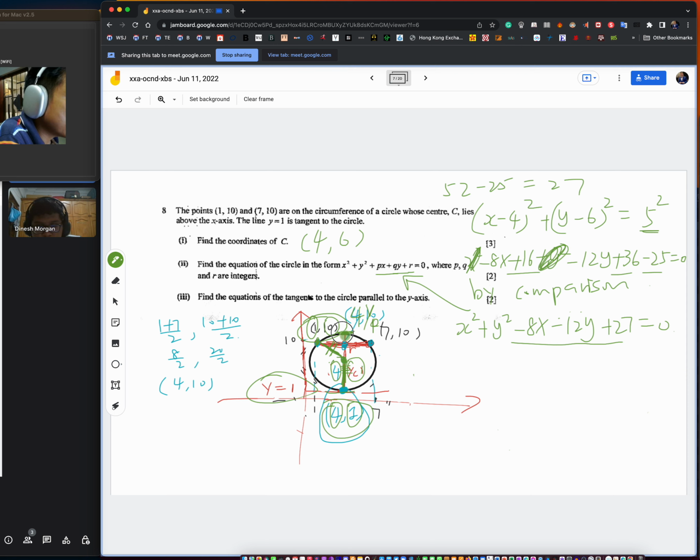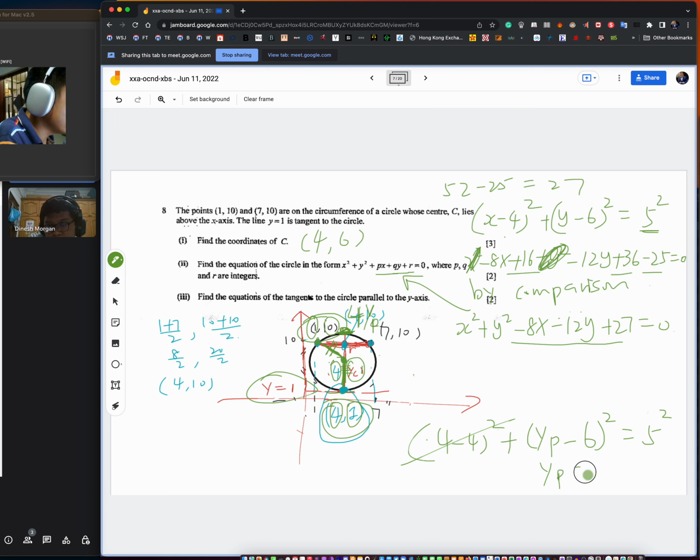So how do you get this point? So x minus 4. Then you have the 4 here already, so you put it in. Then you have the square, and then you have the yp. So you use the 4 minus this, then you need yp minus the center, which is 6, square. You get the 5 square. How do you get 5 square? Yp is 11, right?